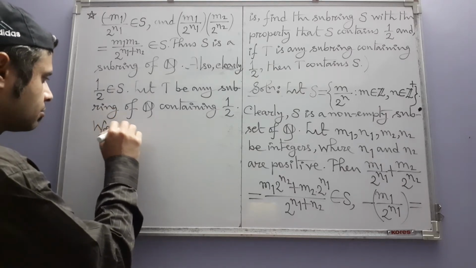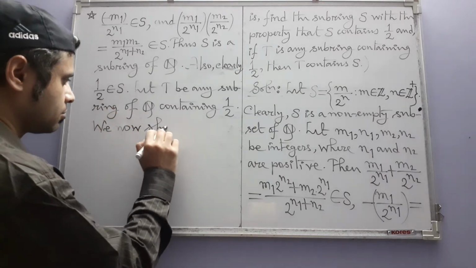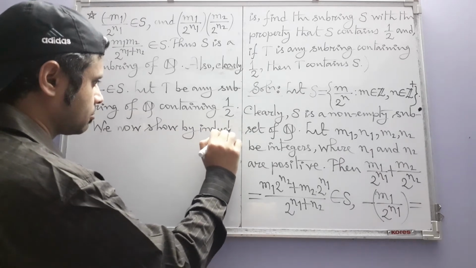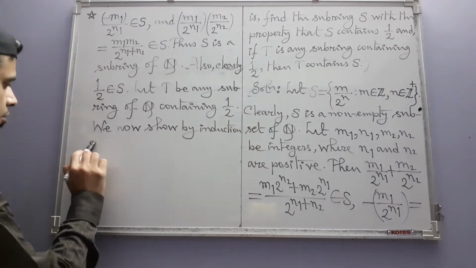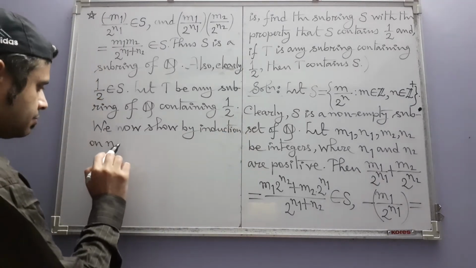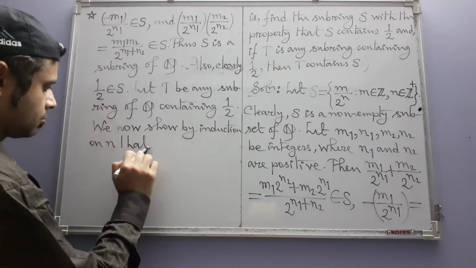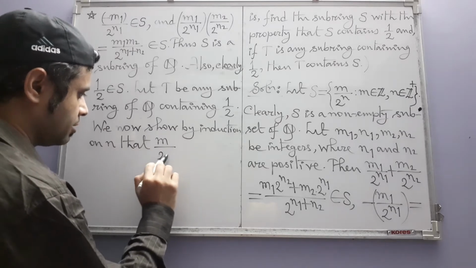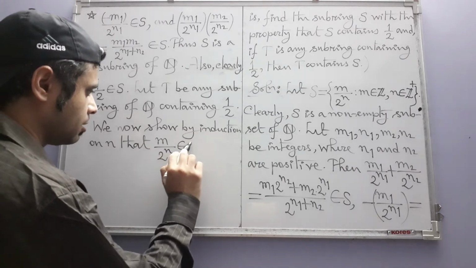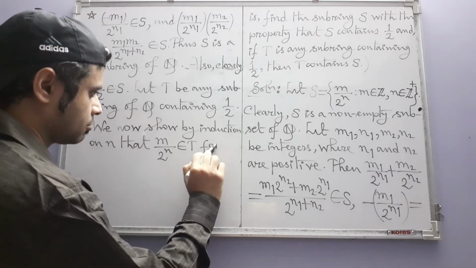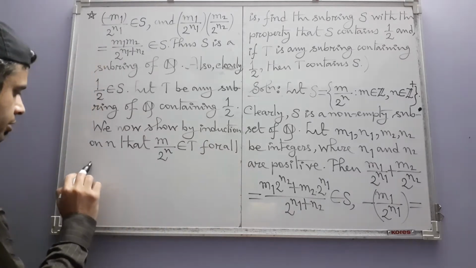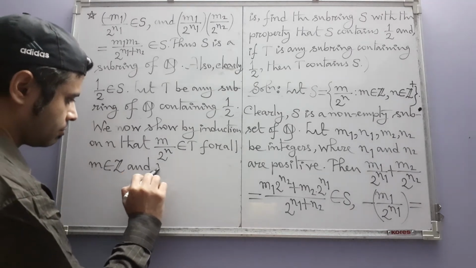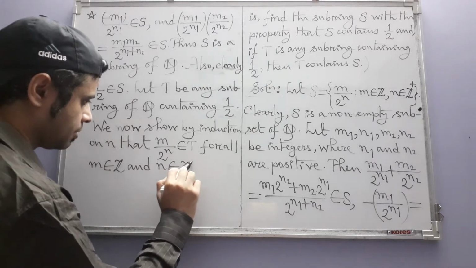We now show by induction on n that m divided by 2 to the power n belongs to T for all integers m and for all positive integers n.